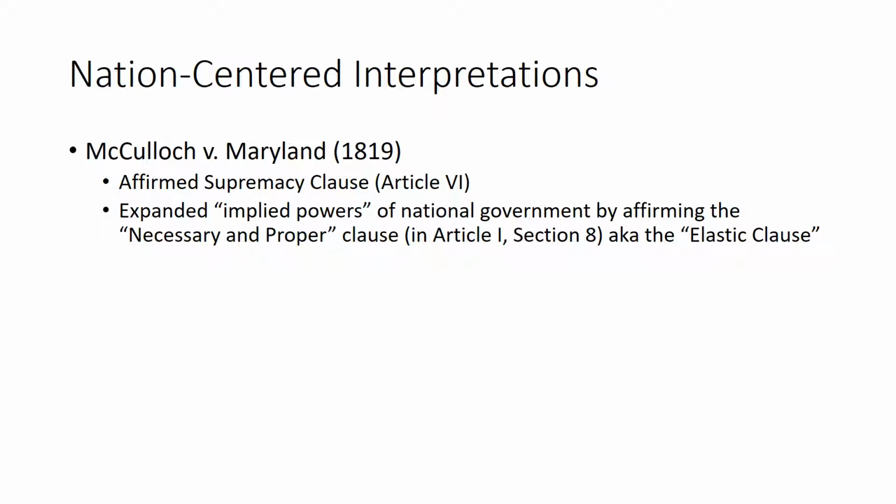Now, there are explicit powers. Those are the ones that are listed. Anything that's listed or numbered is called enumerated powers, and they are stated explicitly in the Constitution. But implied powers are ones that are implied by the text of the Constitution. So Article 1, Section 8 in the Constitution, you've read this.